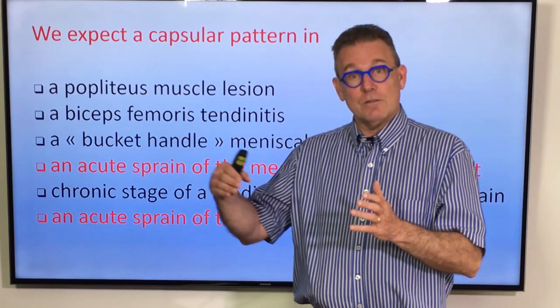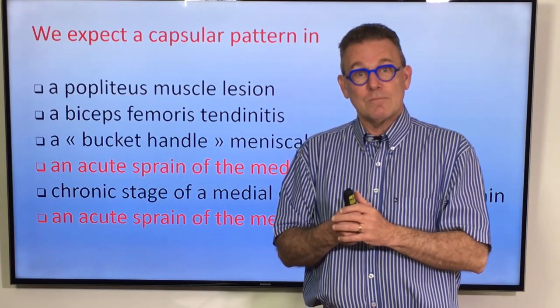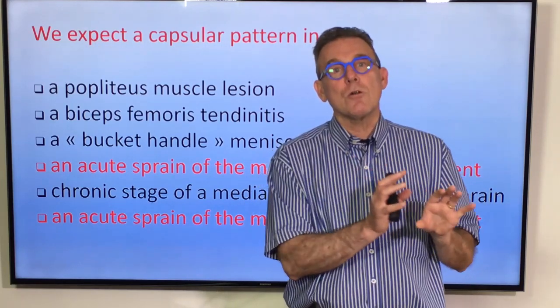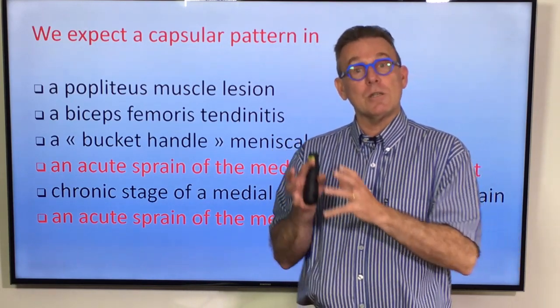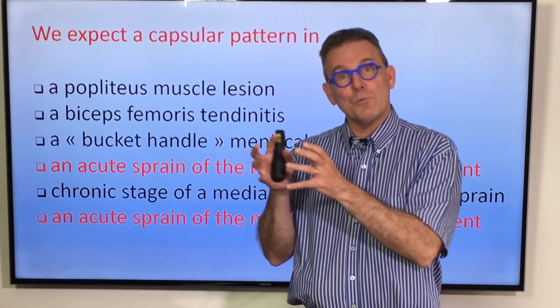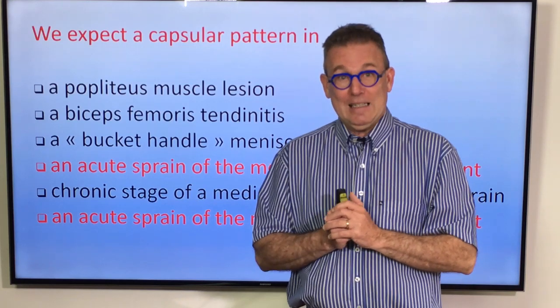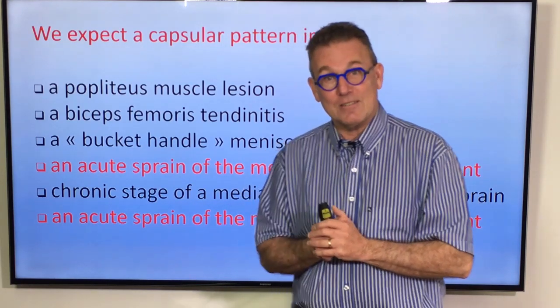And during the evolution, this post-traumatic capsular reaction is going to disappear slowly but surely, and the primary ligamentous test is going to become more and more obvious. I refer to the specific chapter on ligamentous lesions in the knee.